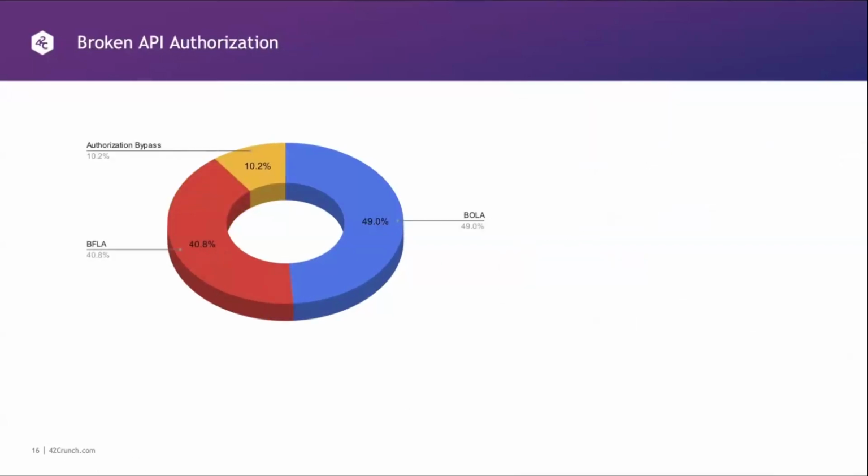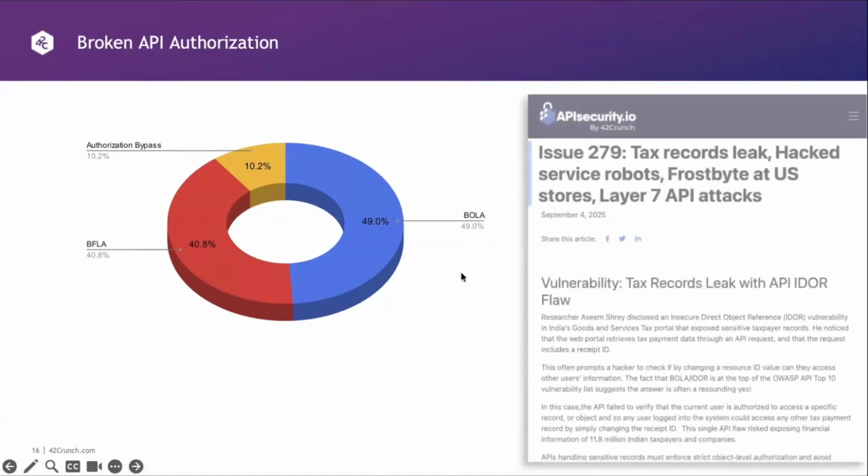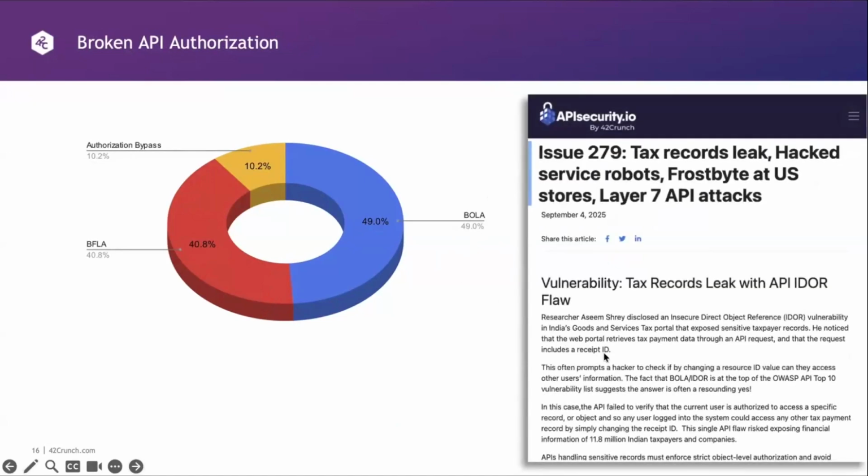And then the final case was authorization. Again, we see this come up a lot. BOLA in particular, so that's the number one in the OWASP API top 10 lists, broken object level authorization. Here's a case where a researcher found a BOLA vulnerability in India's goods and services tax portal.